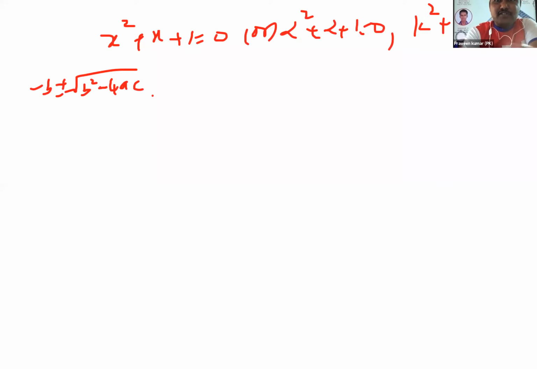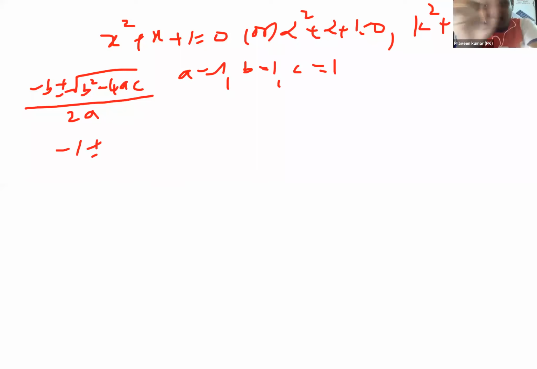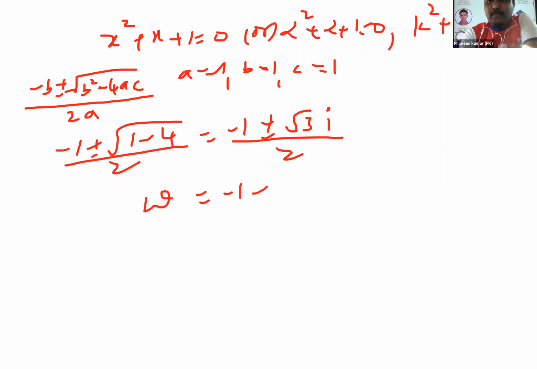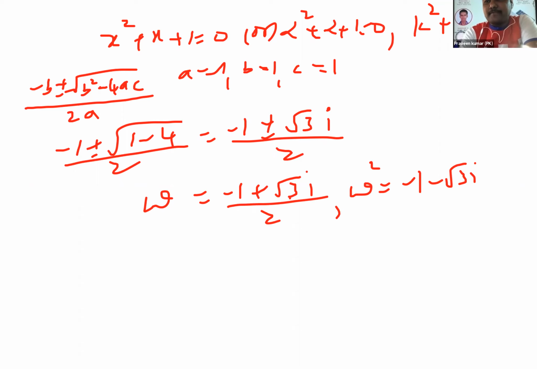You are all aware of this, correct? Here a is 1, b is 1, c is 1. So minus 1 plus or minus root of 1 minus 4 by 2. Minus 1 plus or minus root 3i by 2. Root of minus 3 means root 3i. So omega is minus 1 plus root 3i by 2. Omega square is minus 1 minus root 3i by 2.